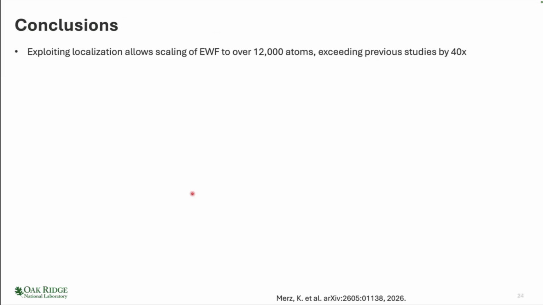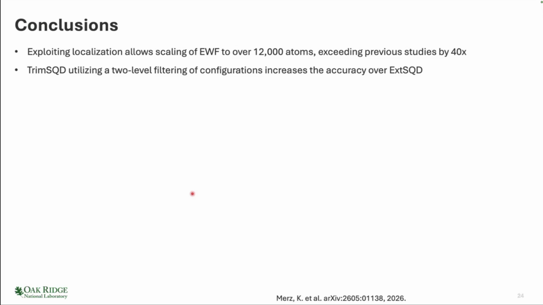So just some quick conclusions here. By exploiting localization, the authors were able to scale their embedded wave function method to over 12,000 atoms. By using a two-level filtering, they're able to increase the accuracy over their extended SQD.